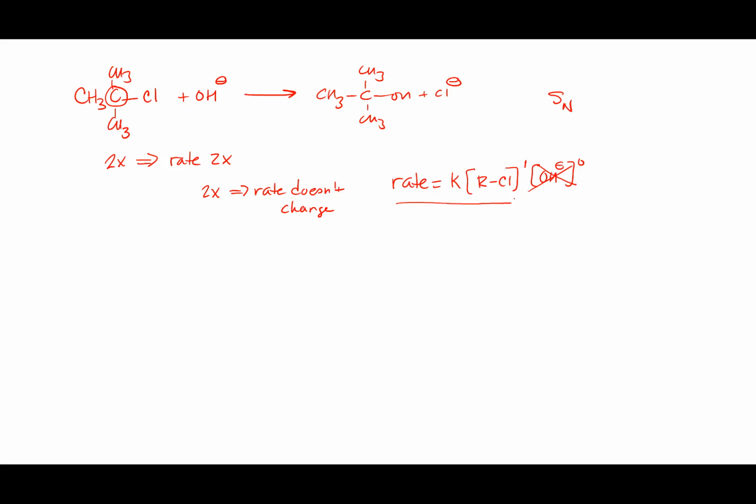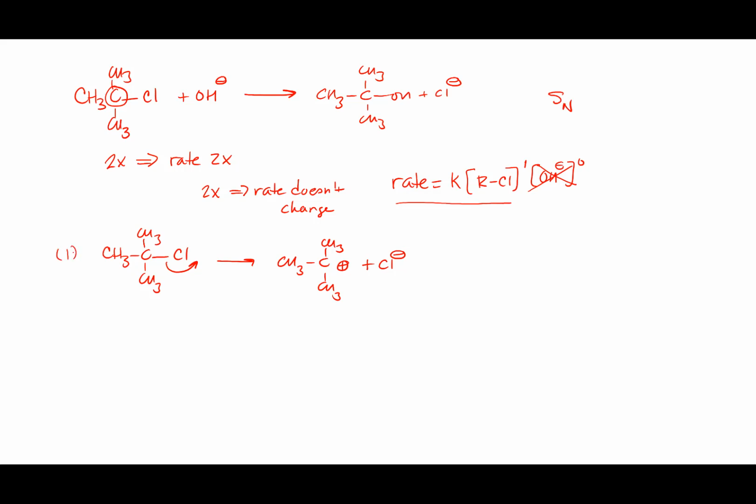So people became a little bit creative and they said, okay, how about in the first step of the mechanism, the chlorine leaves, forming a chloride and leaving the carbon with a positive charge. So that'll be my first step.